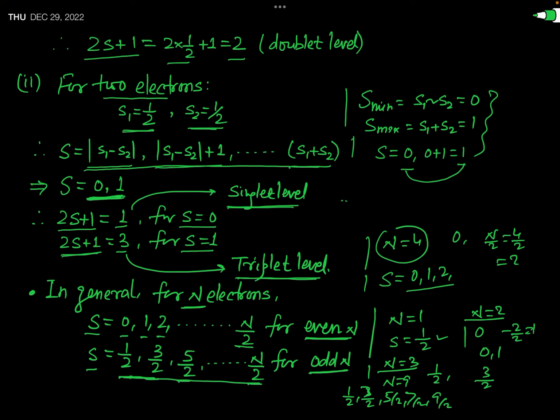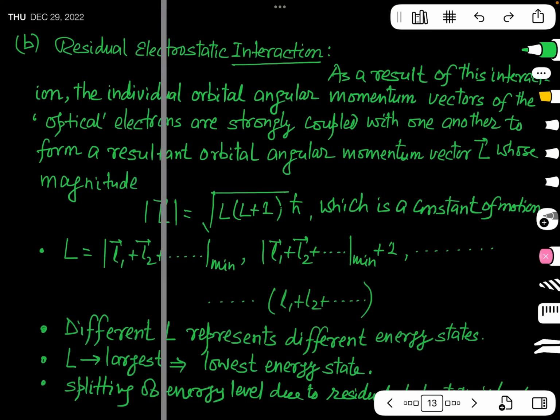So you should note that the total spin quantum number capital S may have integral values, and it may have half-integral values. Both types of values are possible for this S.